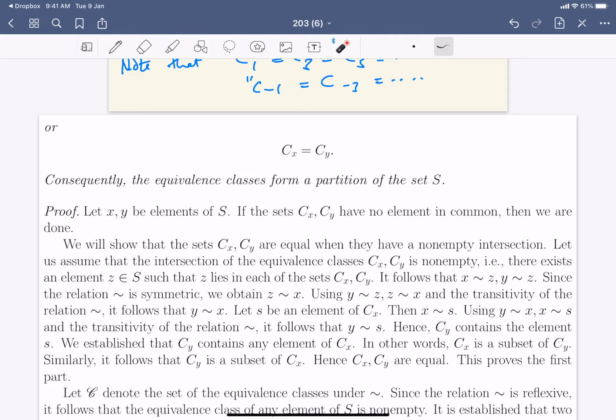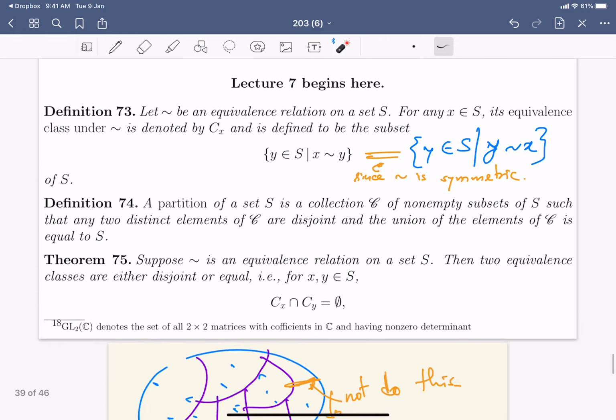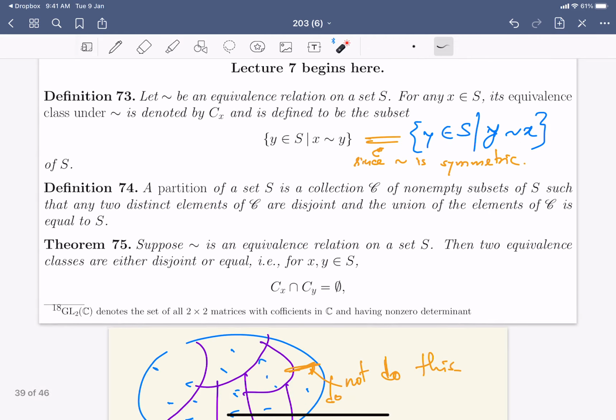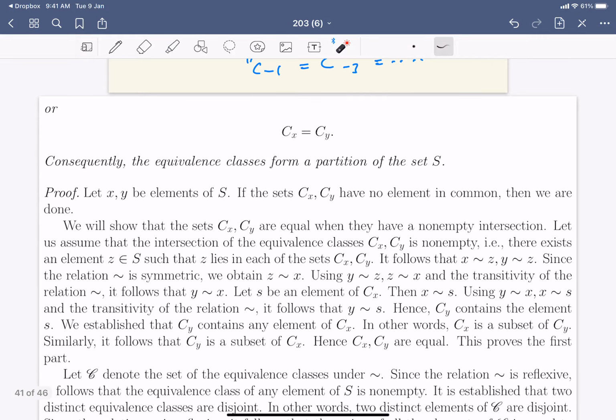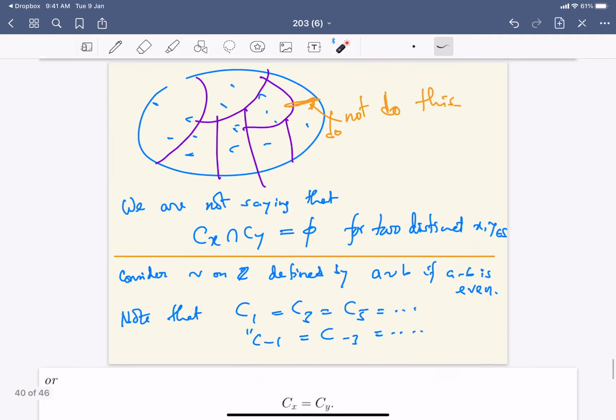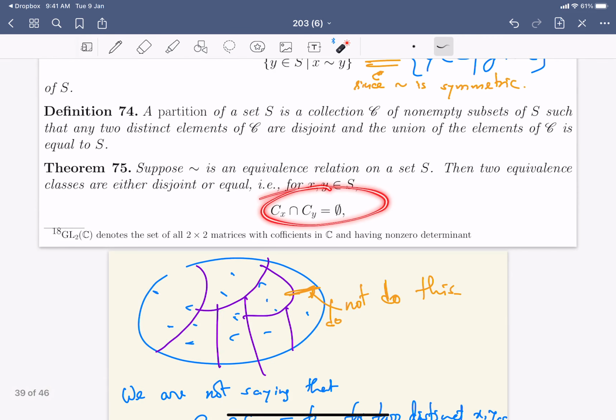Anyway, we need to prove that if we pick equivalence classes corresponding to two elements of S, then they're either disjoint or they're equal. So you just pick two elements X and Y from this set S. If the sets Cx and Cy have no element in common, then we are done, because you fall in the very first case.